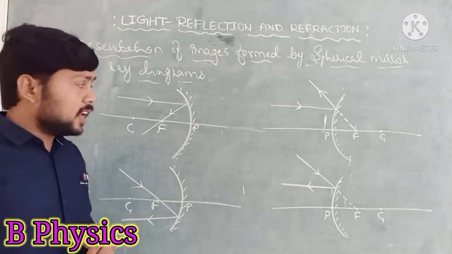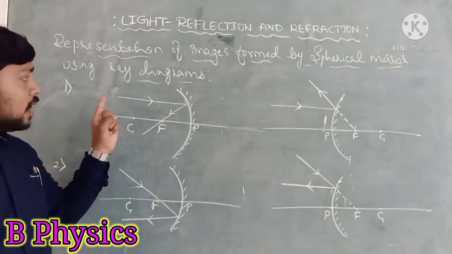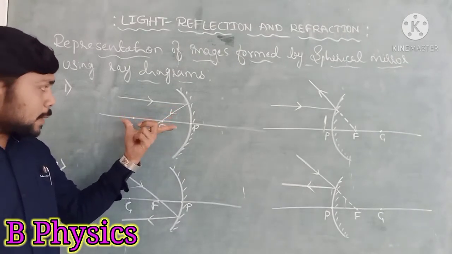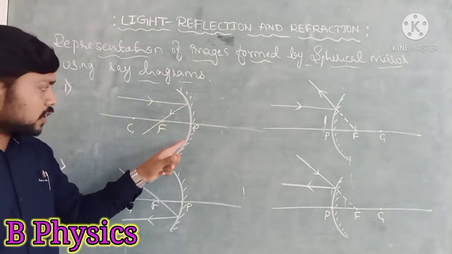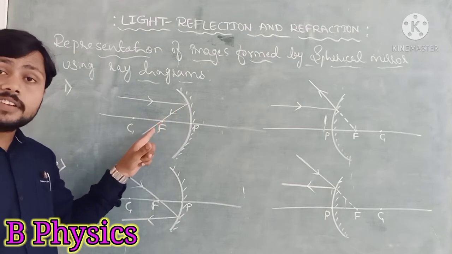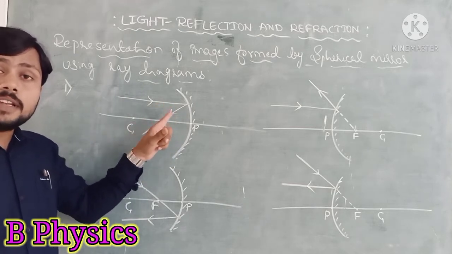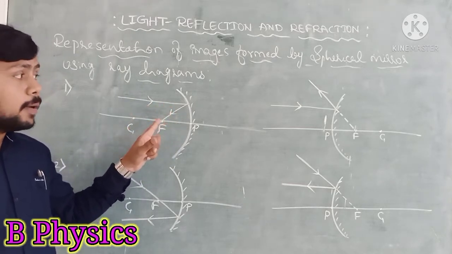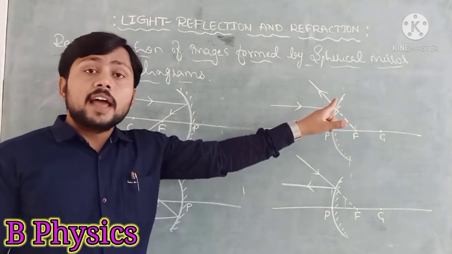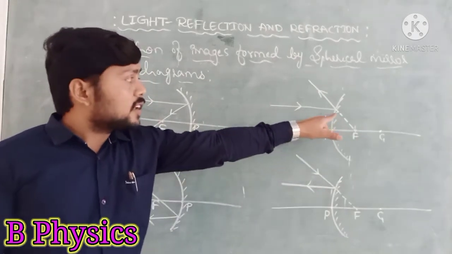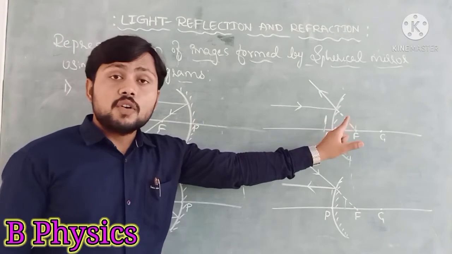I repeat once again. The first rule says that a ray of light which is parallel to principal axis of concave mirror, after reflection passes through principal focus. But in case of convex mirror it appears to diverge from principal focus.